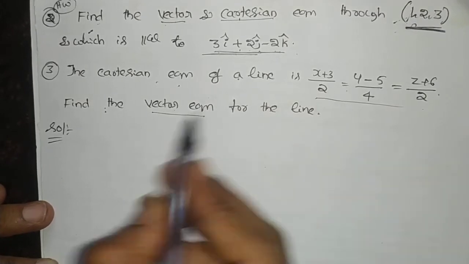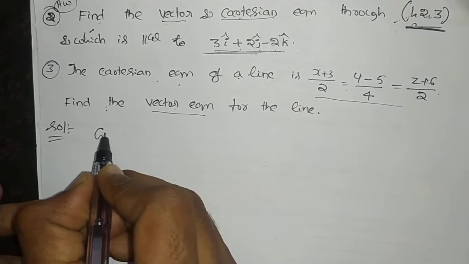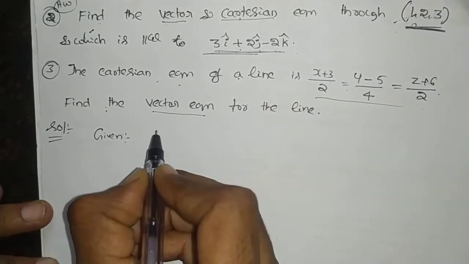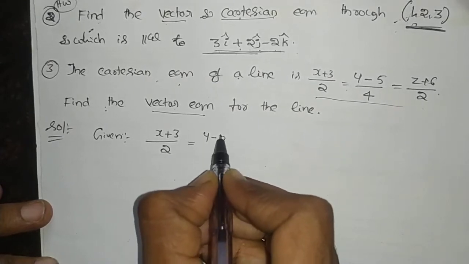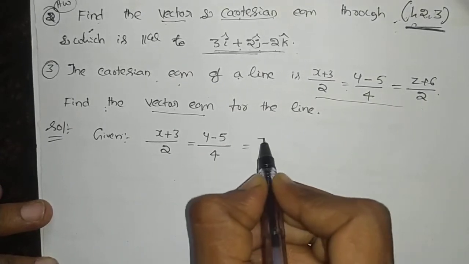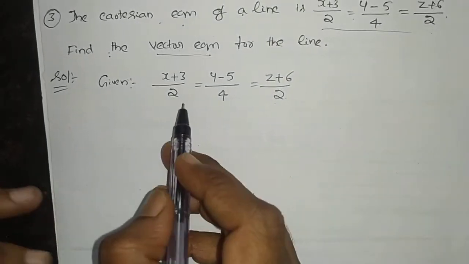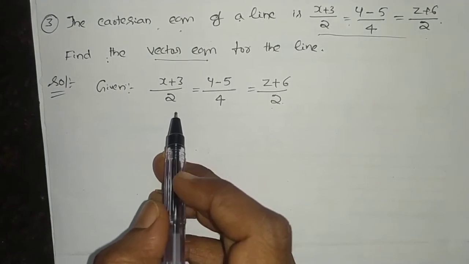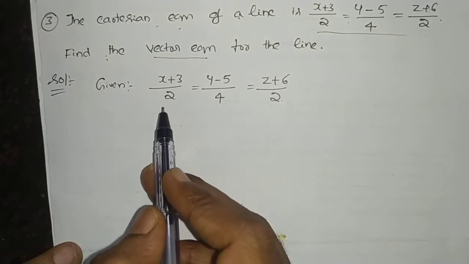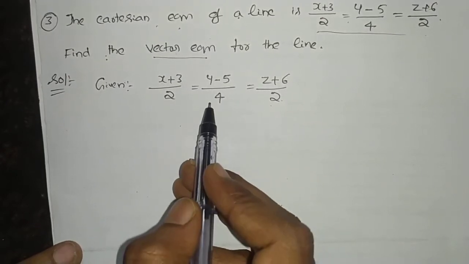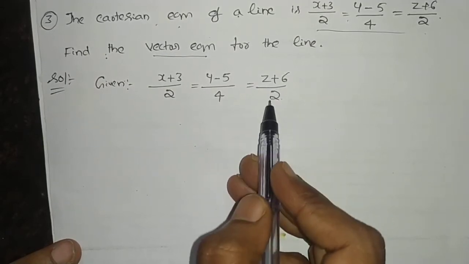First write down the given line, that is the Cartesian equation of a line. The given line is (x plus 3) divided by 2 equals (y minus 5) divided by 4 equals (z plus 6) divided by 2. Next, we know that the Cartesian equation of a line is (x minus x1) by a equals (y minus y1) by b equals (z minus z1) by c.